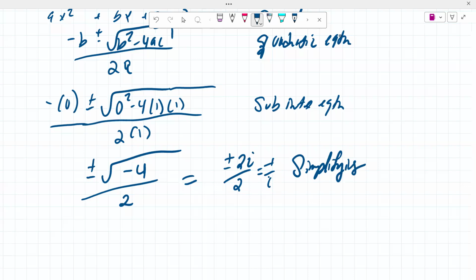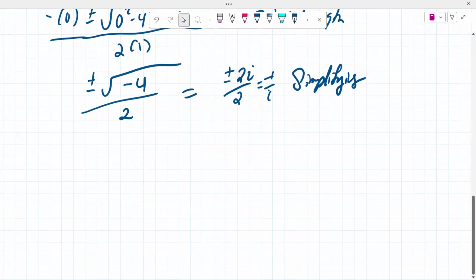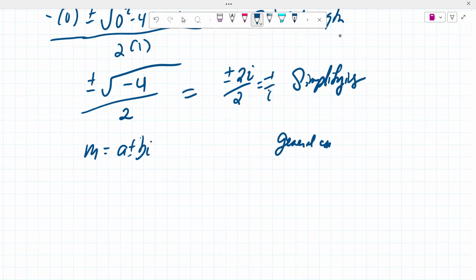Okay. So now we need to deduce the a and b. m equals a plus or minus bi. This is the general complex form. And the next thing we're going to do is fill it in. So m equals, what's a? 0 plus or minus 1i.